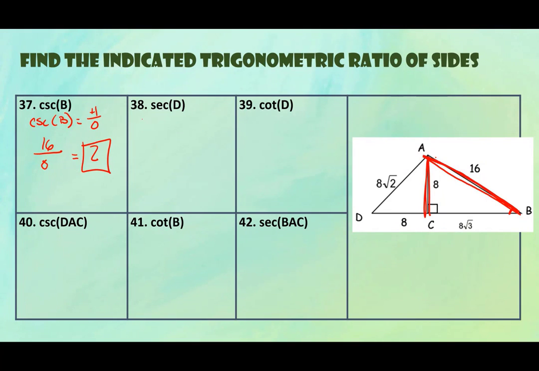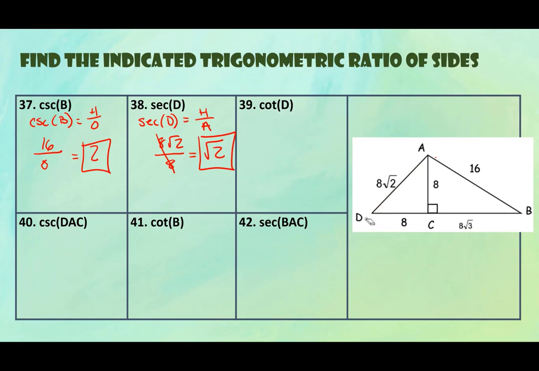Now, secant of D is going to be the hypotenuse over the adjacent. So let's find D. It's right here. So we're looking at the hypotenuse, which is right here. It's 8 root 2. And the adjacent side is 8. So we have 8 root 2 over 8. That's going to reduce down to the square root of 2.